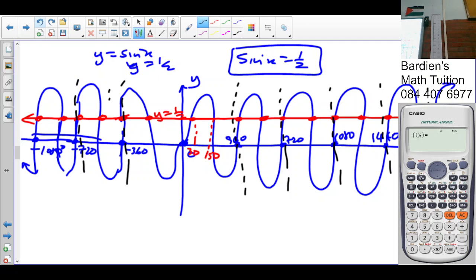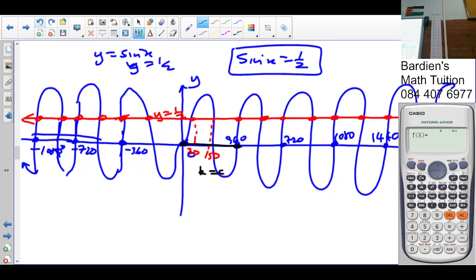So this happens every how many degrees? 360 degrees. So what I do is, I say from there to here, for that we let k equal to 0. We will bring in a variable. In that first cycle k is 0. You'll see now why.